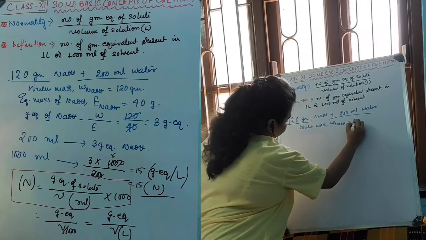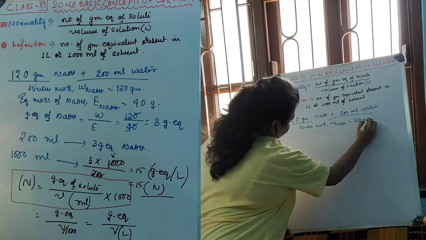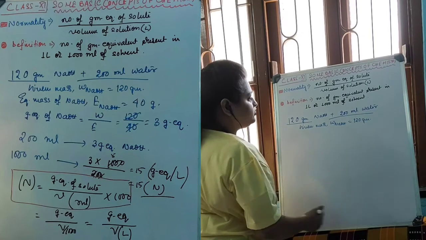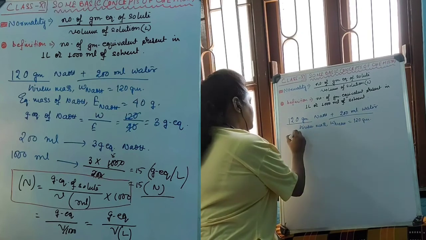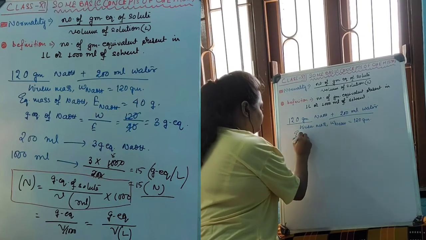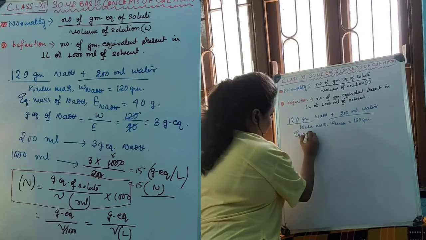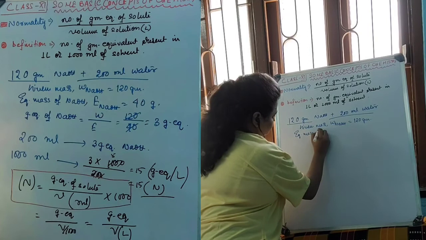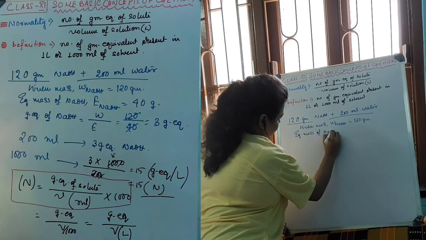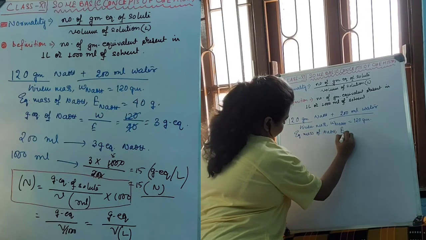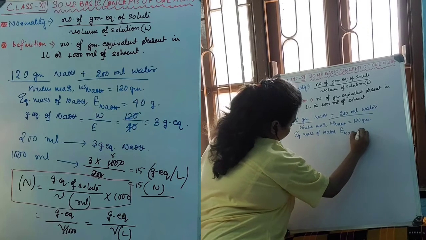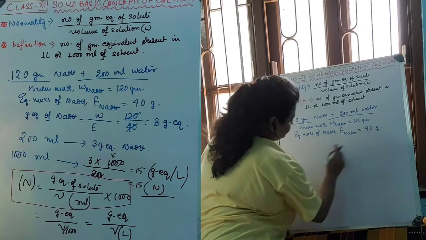of NaOH, 120 gram, into its gram equivalent. We know that the equivalent mass of NaOH is 40 gram.